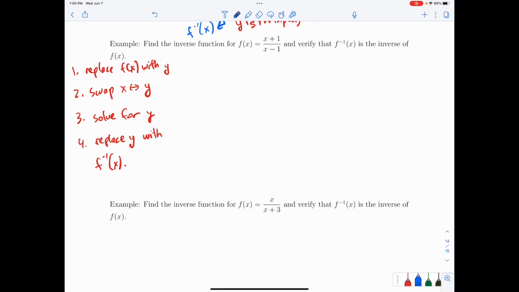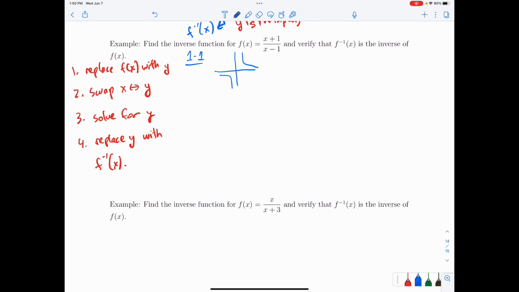Now let's go ahead and find the inverse, but before we do that, let's verify that this is one-to-one. The best way to do that would be by looking at the graph. I don't know 100% what this graph looks like. We could look on Desmos, but this is going to be some sort of rational function, something that has a parent function that looks like that. Those rational functions are one-to-one.